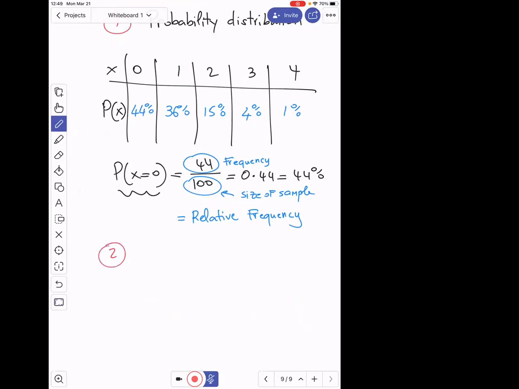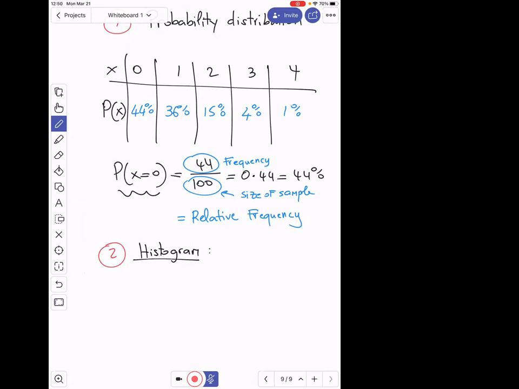So remember, when we discussed frequency tables, the histogram is supposed to display either the frequency or the relative frequency. So in this case, the histogram of this probability distribution displays the relative frequency. The only difference with the frequency tables is that there we use class boundaries, intervals, but here we don't have intervals or classes.